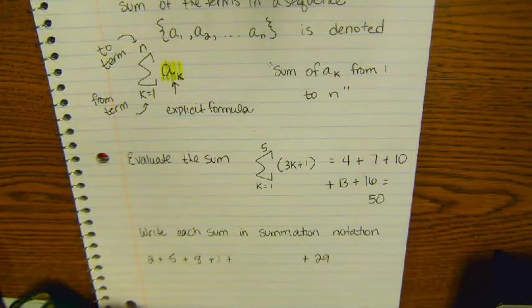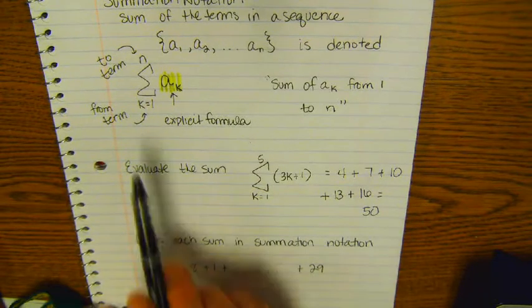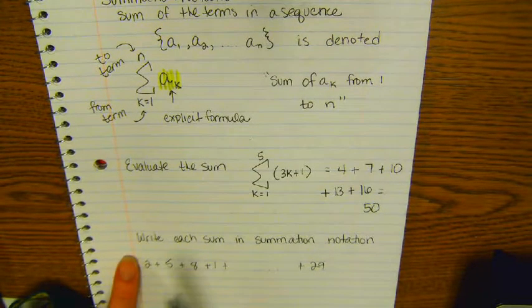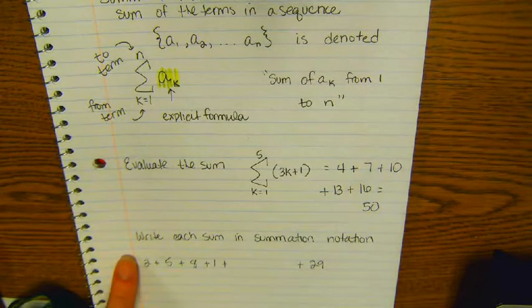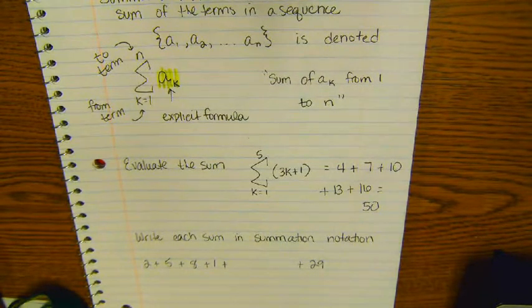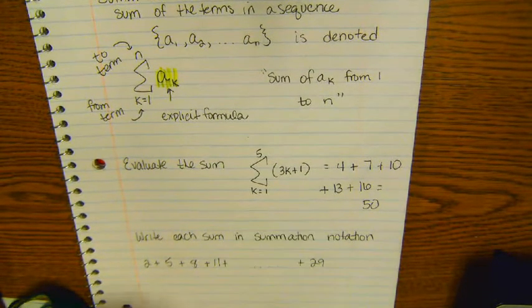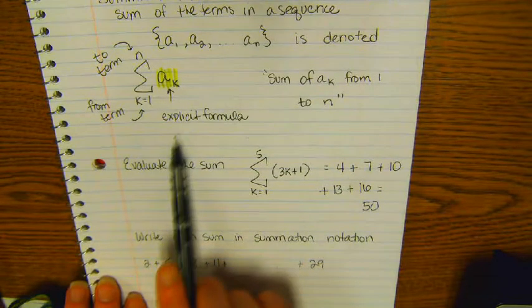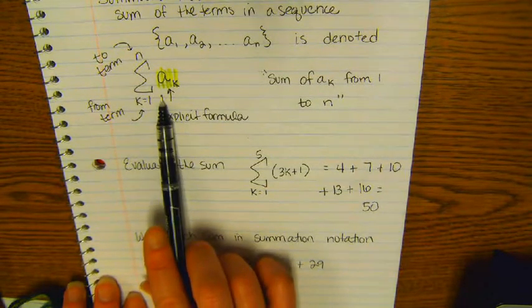So let's just review. We need to know where it starts. We're going to assume this is the first term. We need to know what term it stops at. All right, we got to find the last term. And then what did I say goes here? The explicit formula, okay?